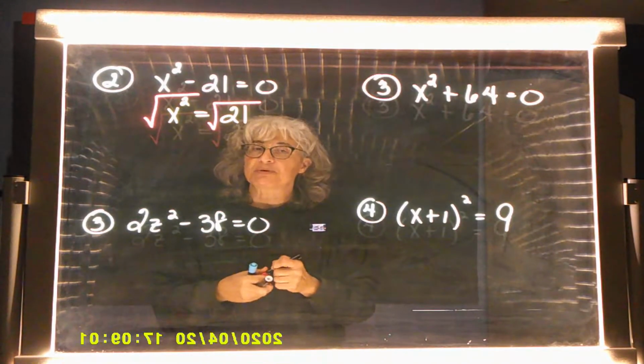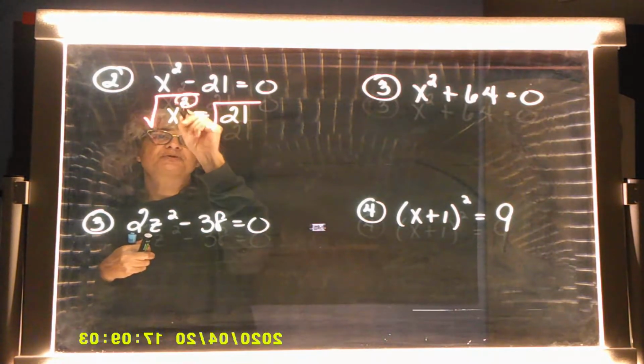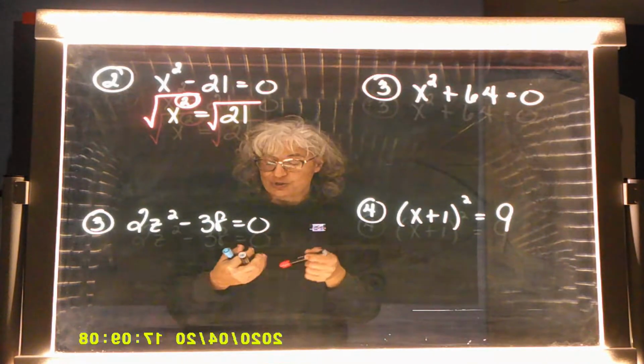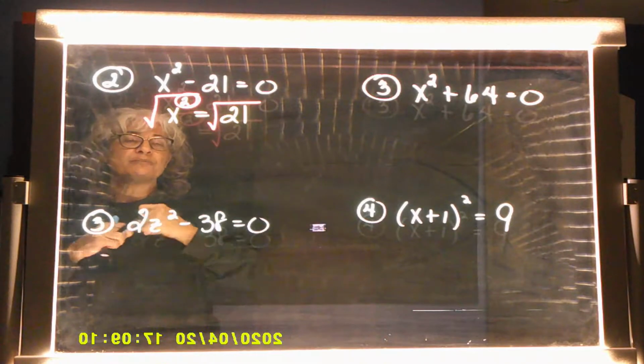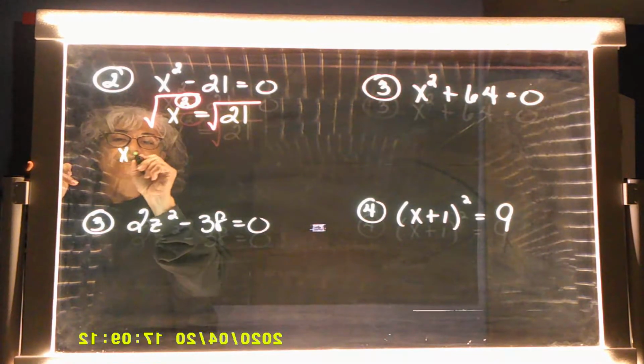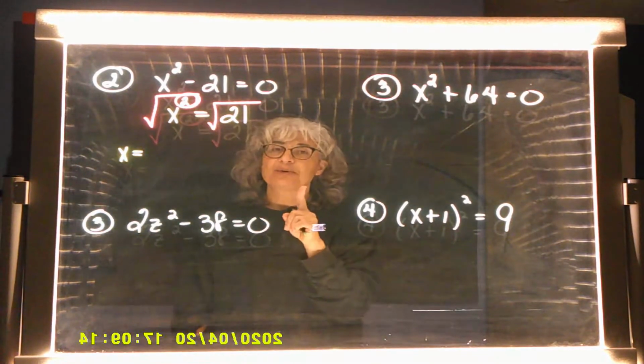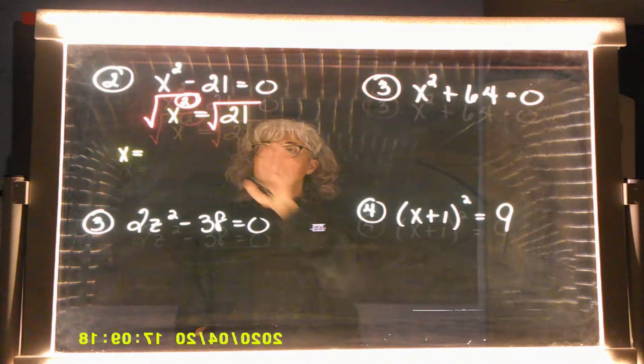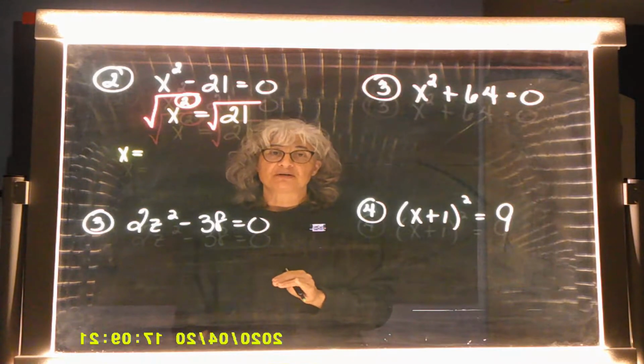Now please remember, this square means you're supposed to get how many answers? Good, 2 answers. So I know that what remains on the left side is x, and they didn't say anything about giving a decimal answer, so I can't go to my calculator. So I need to figure out the square root of 21.